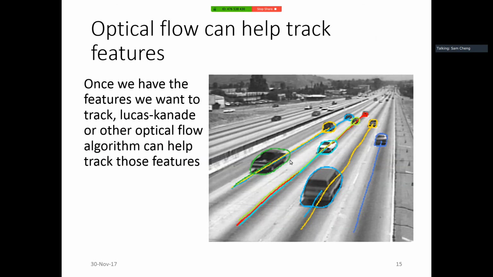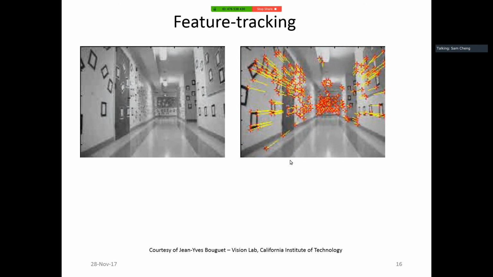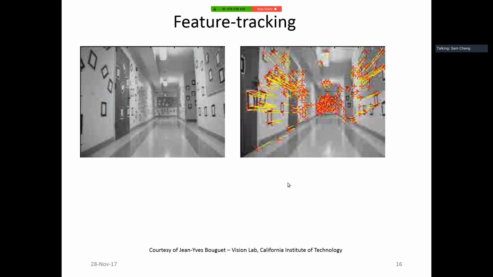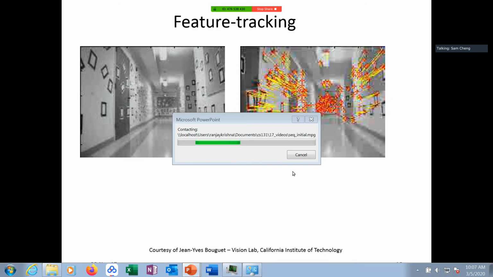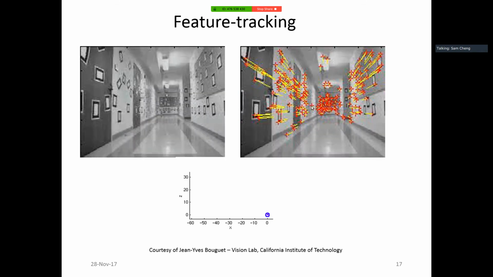So I have a more cool example here. Maybe I will just show some more. I don't know why this video gets stuck. But anyway, this is actually a SLAM example. This video is supposed to show that the robot is moving along the corridor. Okay, it's still not showing up yet.